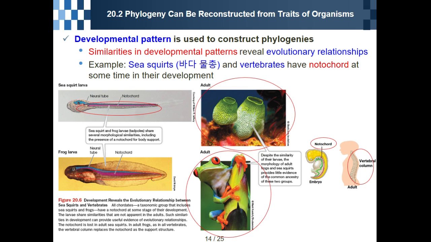However, based on developmental pattern, they are close to each other. This is the sea squirt, and this is the frog. It's like this. So we have to consider both of them, morphology, and also we have to consider developmental pattern.